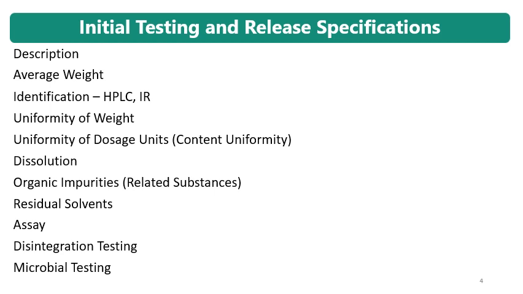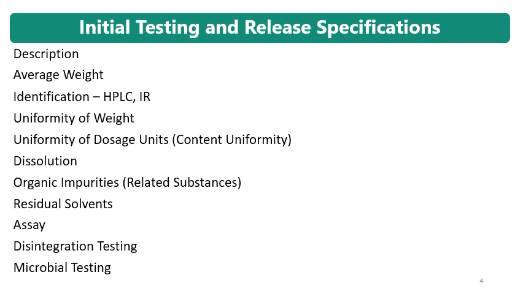Then assay testing is done. What is the content of the tablet or capsule as compared to the label claim? For US, the limits are 90 to 110% of the label claim, and for Europe it is 95 to 105% of the label claim. So that is the difference.